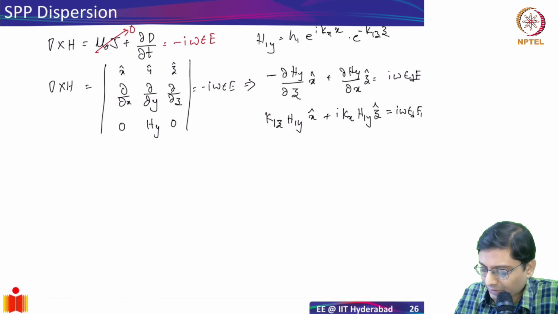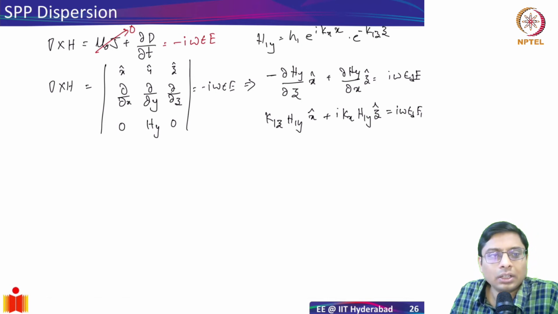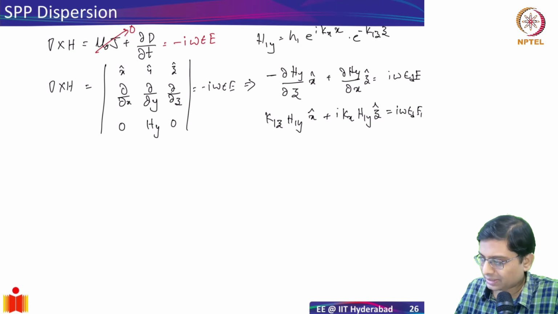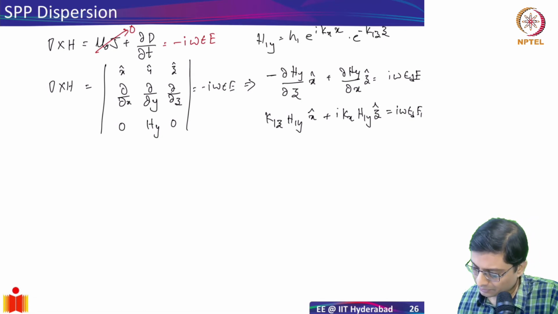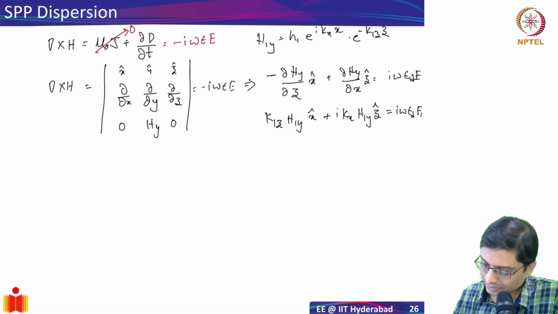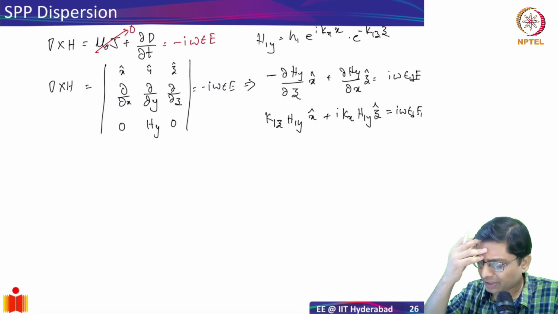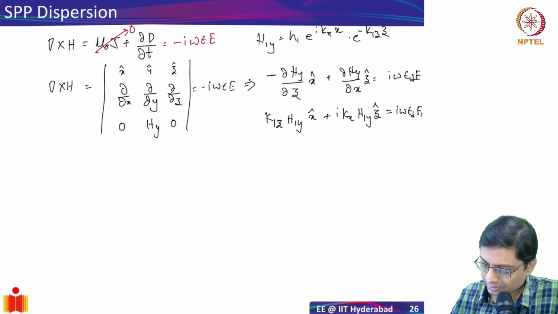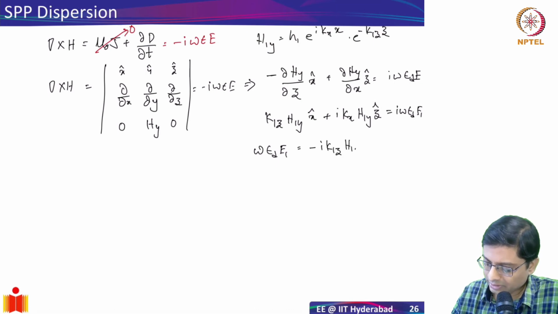Okay, the electric field in the metal, first medium. So what happens now? Well, I can rearrange the terms. If I take the product of minus i, omega epsilon d E1 is going to be minus i k1z h1y x cap plus, no, this is minus i, so minus of minus, so plus.